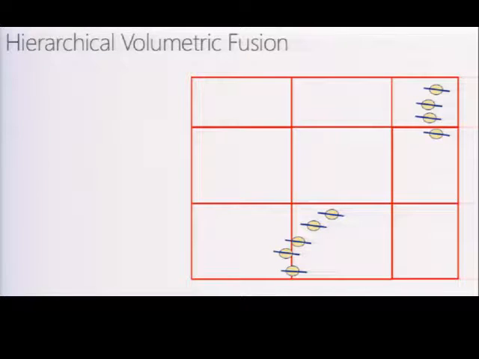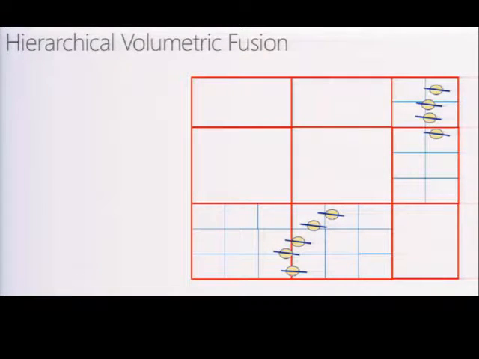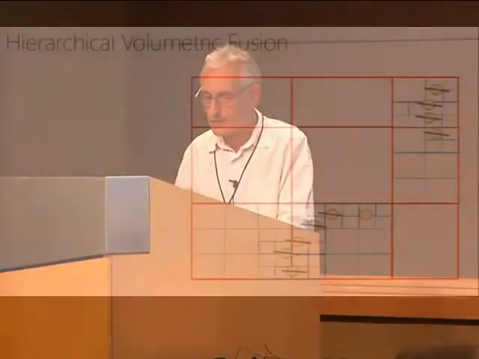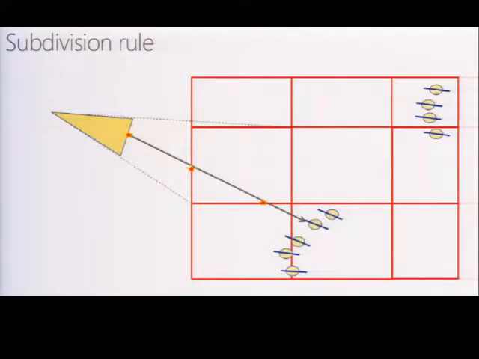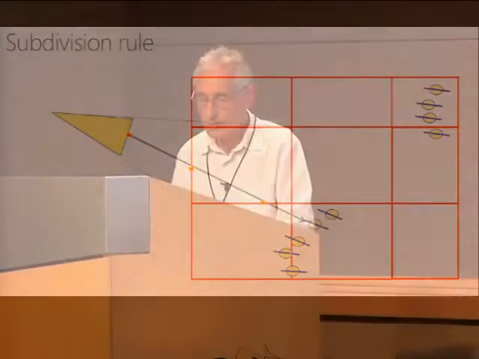So hierarchical volumetric fusion, as you might expect, here's an initial coarse grid with spatial positions from the sensor marked on it. And the idea is to subdivide the grid in the areas where the surface is and where the fine detail is required, and multiple subdivisions as illustrated there. Then the question is, how do you make the decision about what grid cells to subdivide and which not to?